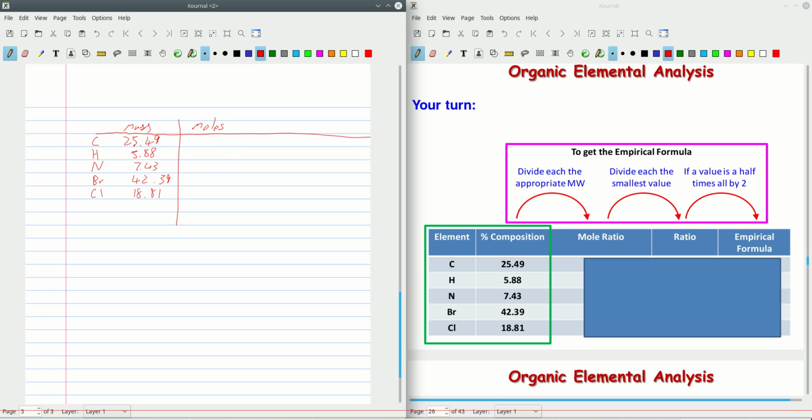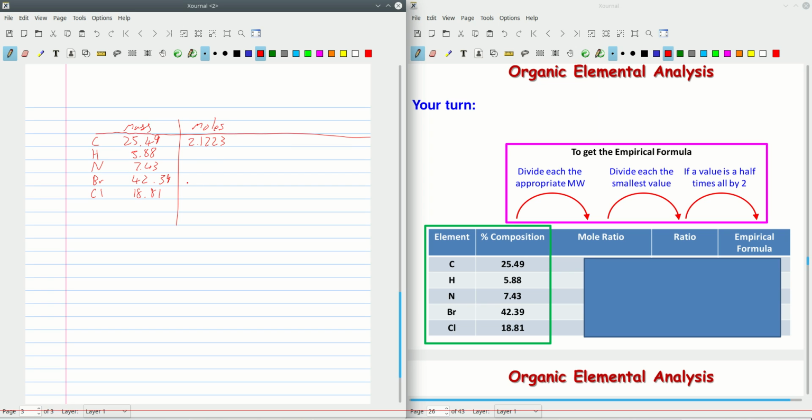So 25.49 divided by the atomic mass of carbon, which is 12.01, would give you 2.1223.